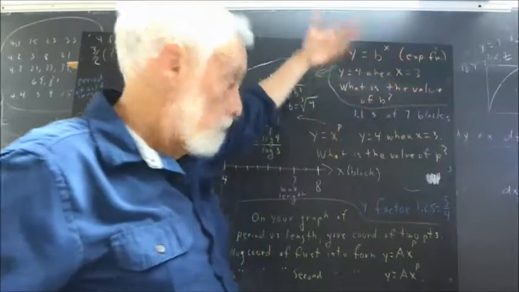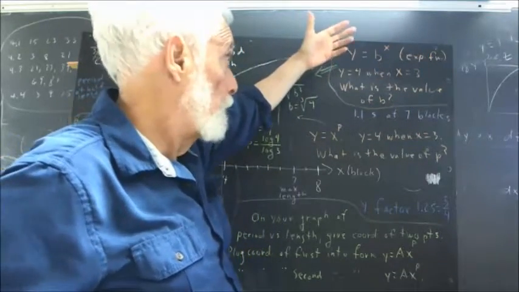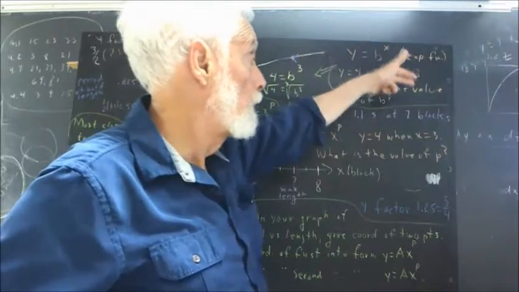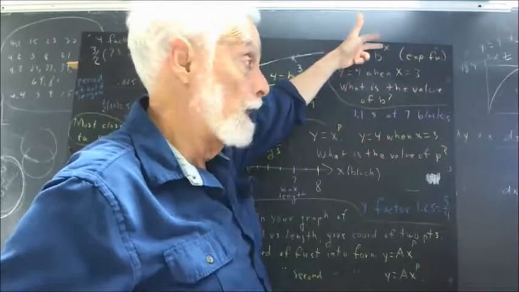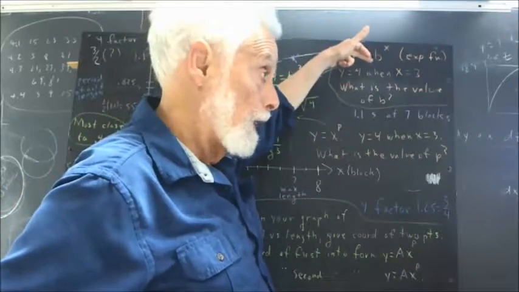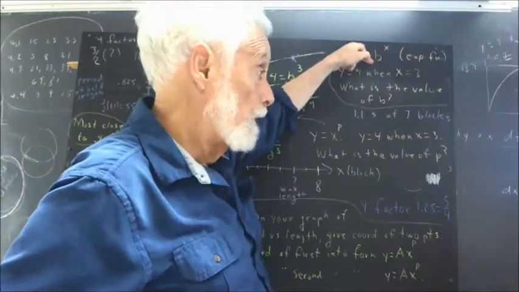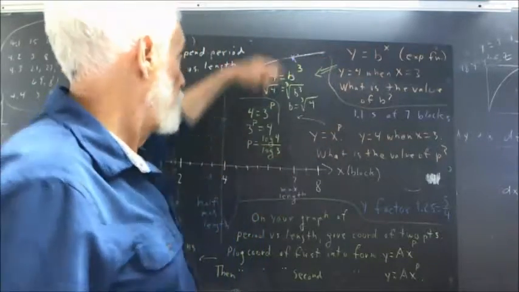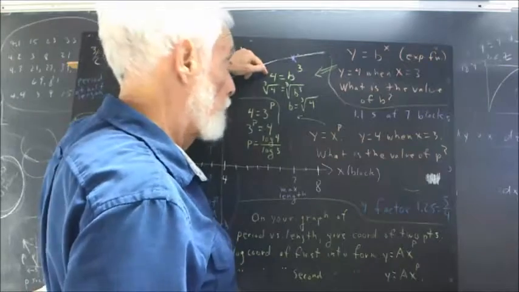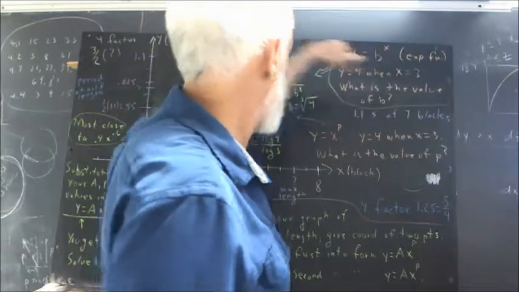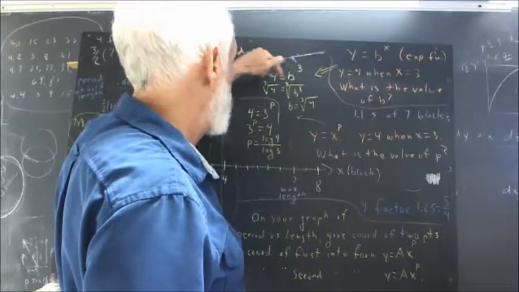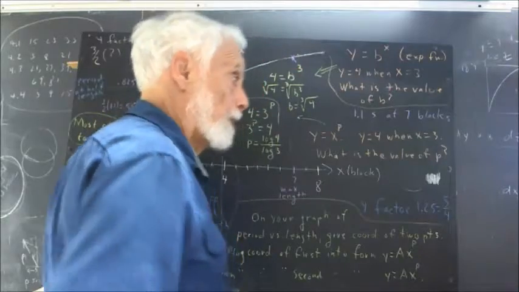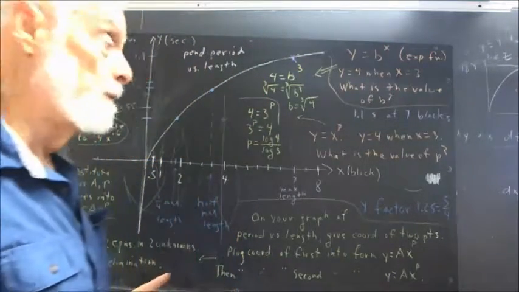Now, to solve that, you would plug 4 in for y and 3 for x, and then solve that as an equation for b. So we plug 4 in for y, 3 in for x, and we get 4 equals b to the third. Can we solve that for b?